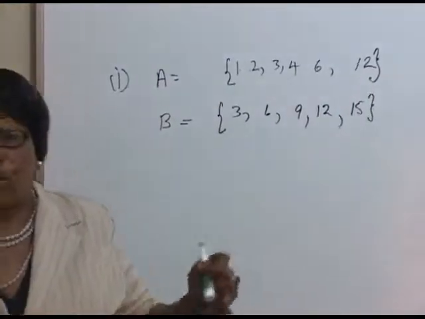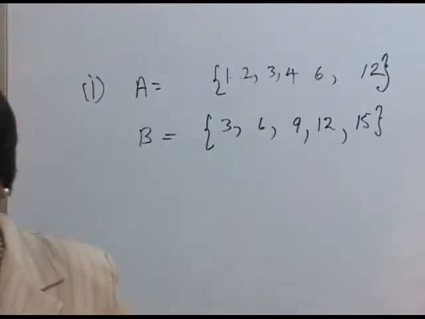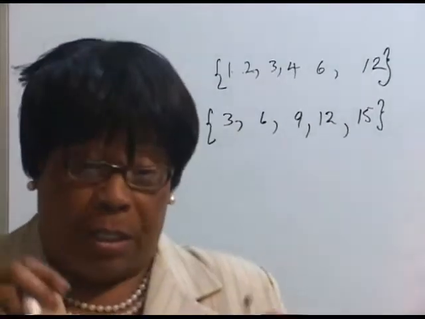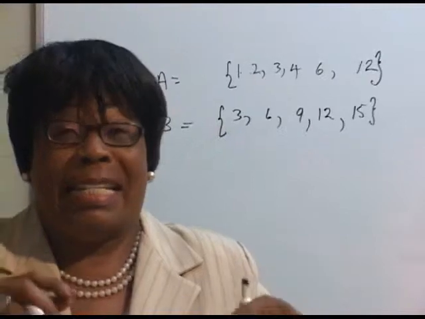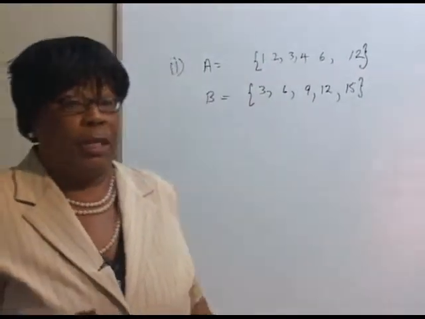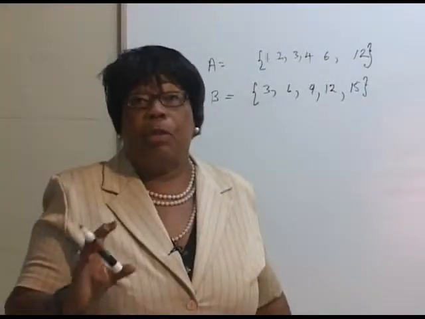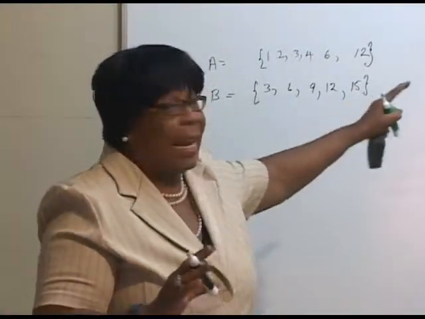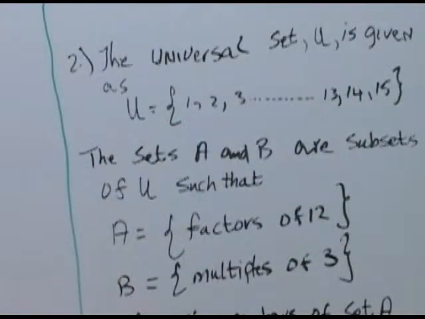Okay? Do not go outside the universal set. Universal set refers to this particular question, and it stays within that. Only the numbers in here you are using. So don't say 27. No. Universal set ends at 15, and that is where we stay. Okay? So these are the multiples of 3.